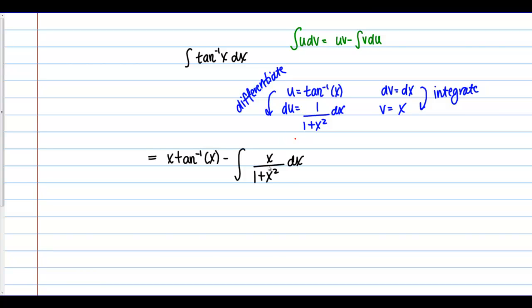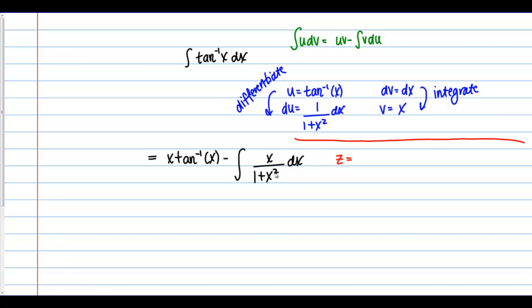We're just going to have to use another integration technique to do this. And actually what we're going to want to use here is u substitution. Instead of using the letter u, since I already used it above, I'm going to use the letter z, but it's the same idea.